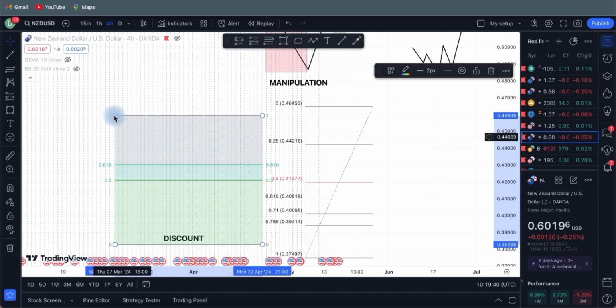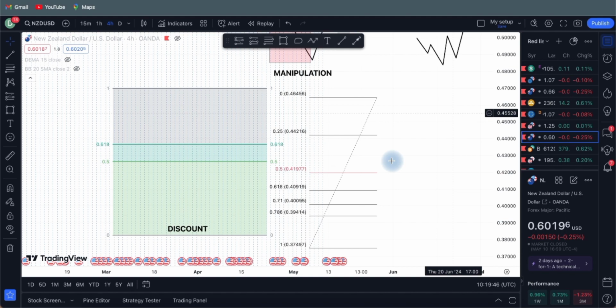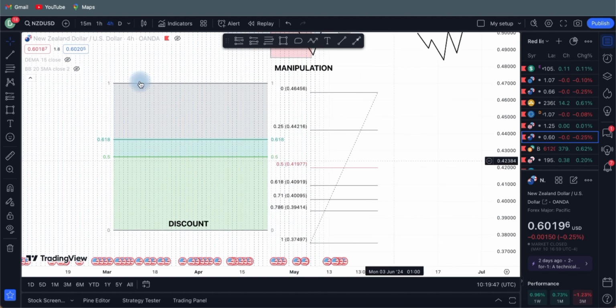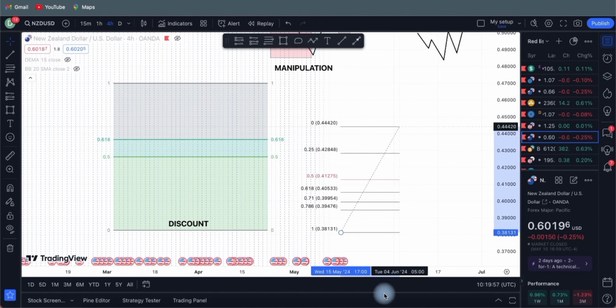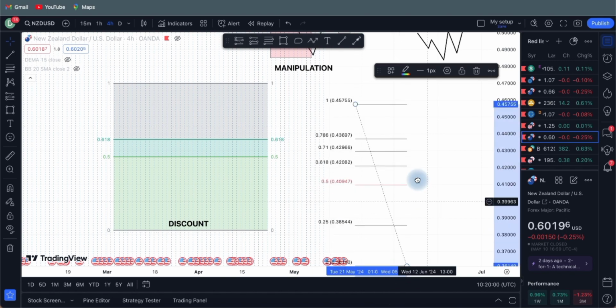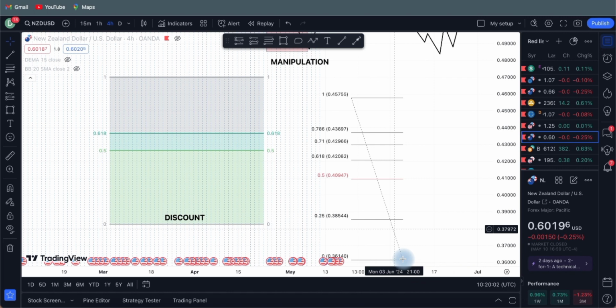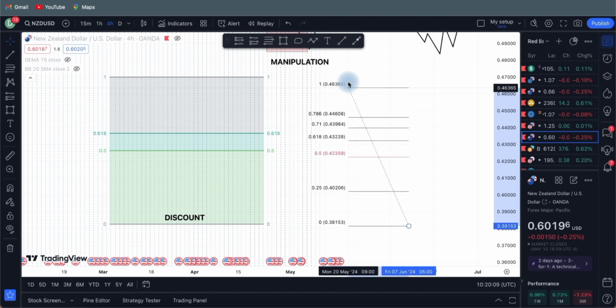So just make sure when you are drawing your Gann box, start drawing it from 0 to 1, not from 1 to 0. I just want to clarify this in case you get confused. When you are drawing your fib tool, draw it from 0 to 1, not from 1 to 0. So from down to up, not from up to down. From the bottom to the top.